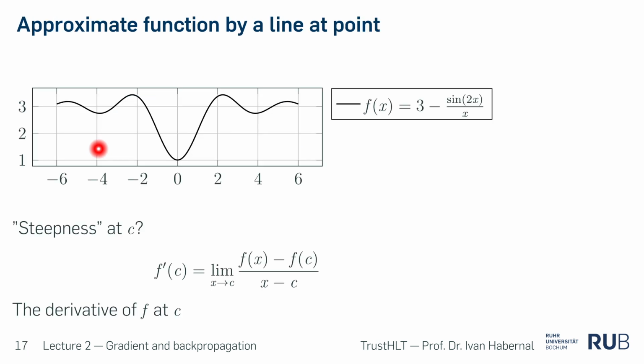And now let's come back to our example. We can approximate a function by a line at any point. So, for example, at this point we can approximate it by a line. So this is going to be some line. Quick question: this is a line, so what will be its slope?